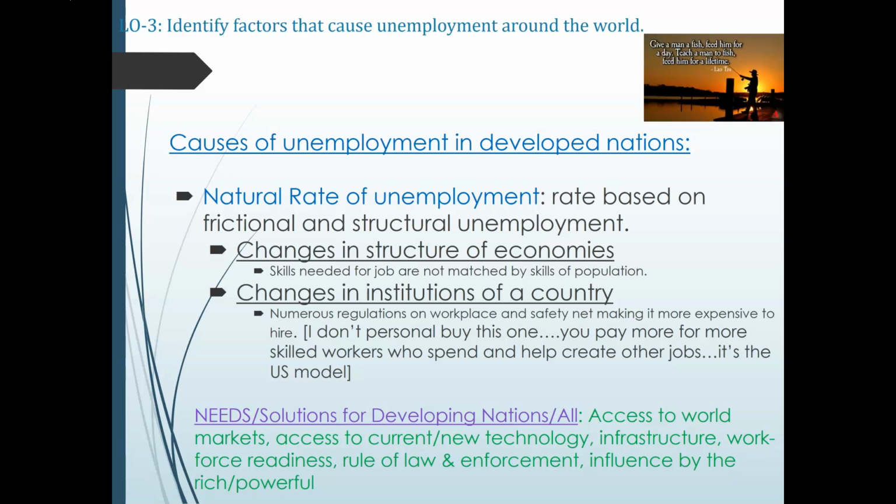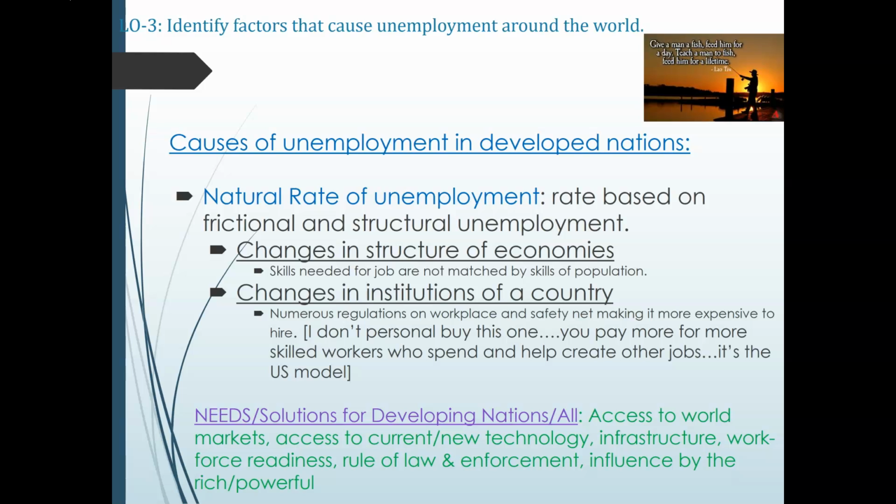Some of the needs and solutions for developing nations would be things like access to world markets and access to current and new technology, infrastructure that can move goods and services around well, and workforce readiness, so workers who are ready to work in this environment and understand this technology and have the skill set necessary to thrive.